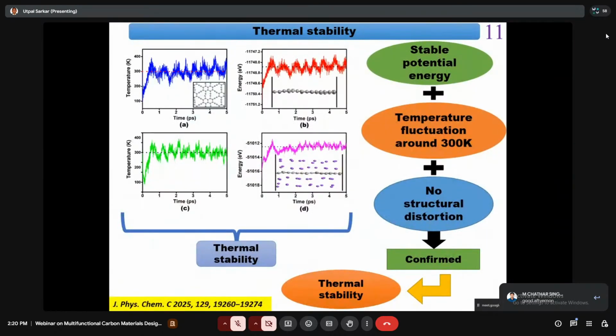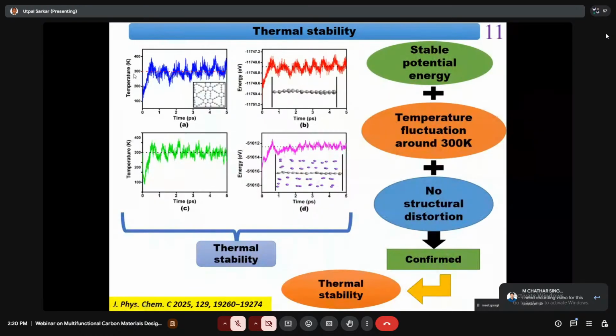And then we have seen the thermal stability, because a battery will operate at least at room temperature. So this is a pristine system, and this is the potassium sodium absorbed system. This is the temperature versus time plot. Up to 5 picosecond, we have seen how the temperature varies for this naphthalene system.